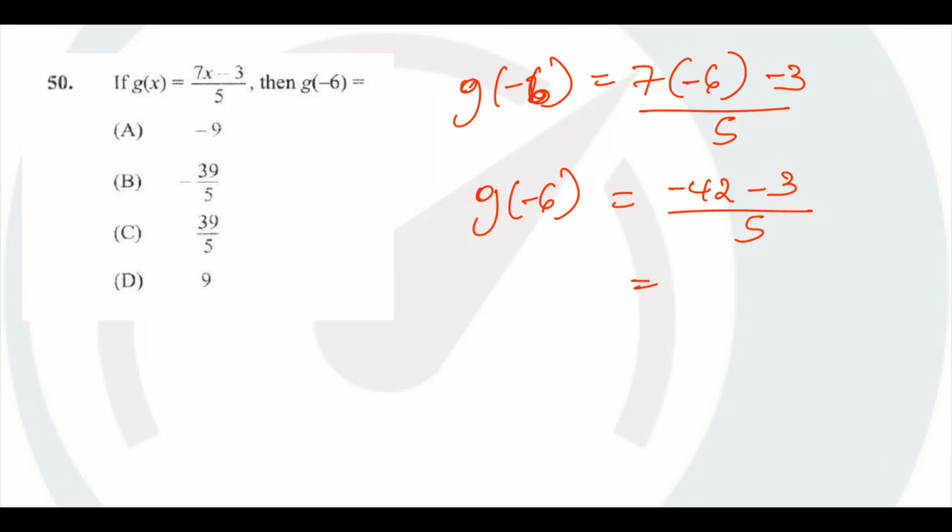So negative 42 minus 3 gives me negative 45 over 5. We know that 5 times 9 is 45, so we get negative 9. So our answer is going to be A, negative 9. And I hope you never mix up your signs for this question either.